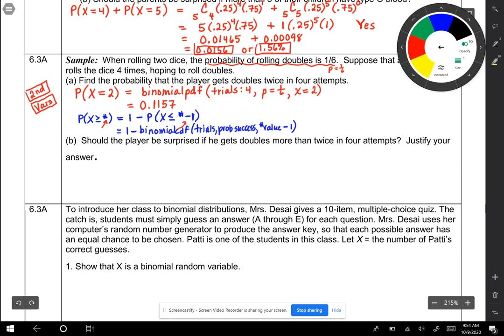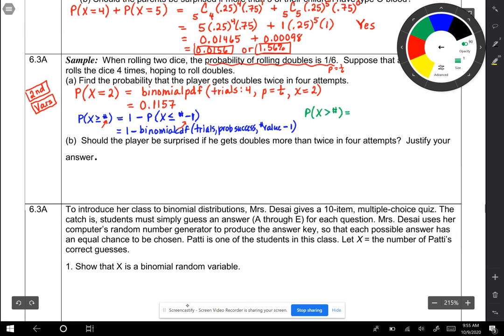And then what if you have greater than or less than? If you have greater than, so x is greater than a number, that number is not included. If you had x is greater than 5, 5 wouldn't be included, but 6, 7, 8, whatever would be included.